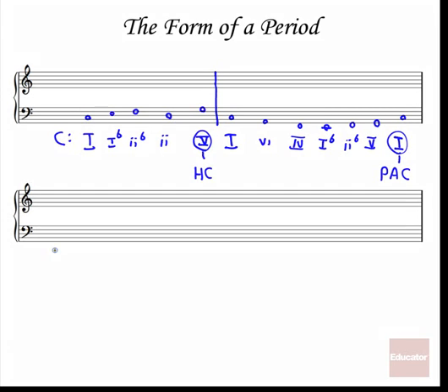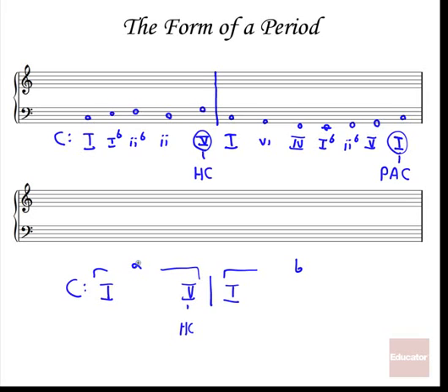We can, if we have some space down here, say that it's in C, and that the first phrase starts on 1 and ends on this 5 half cadence. We'll call this first phrase A, and the second phrase B, since it's wholly different from the first phrase.